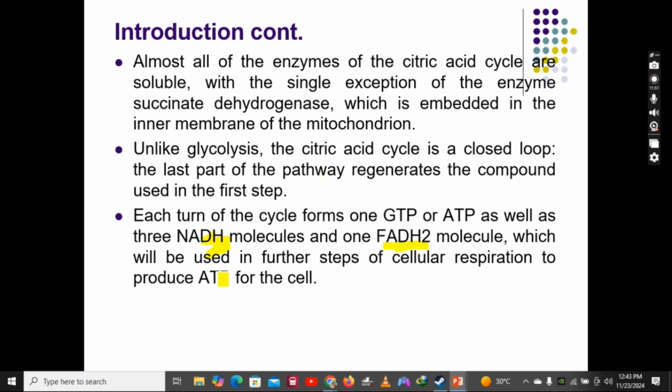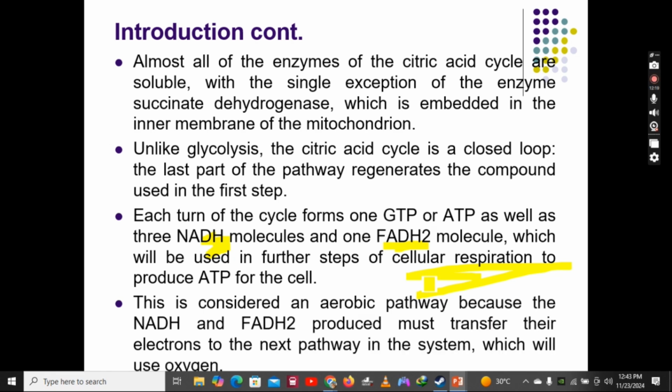So these two will go on and take part in the further steps of cellular respiration, the NADH and the FADH2, to produce more ATP for the same cells. That's why these two are very, very important molecules.